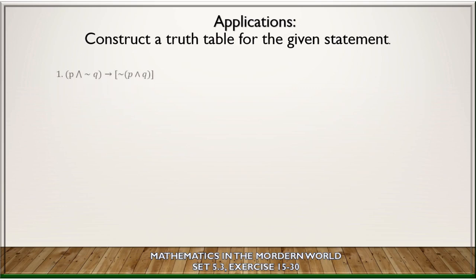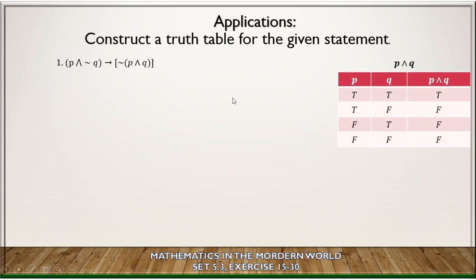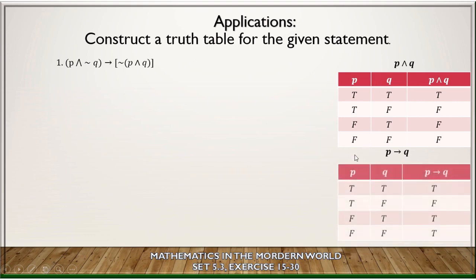Number 1: the conditional of the conjunction of P and not Q, then the conjunction of negation of P and Q. In this, we will apply the truth table of the conjunction of P and Q, and we also apply the truth table of the conditional if P then Q.